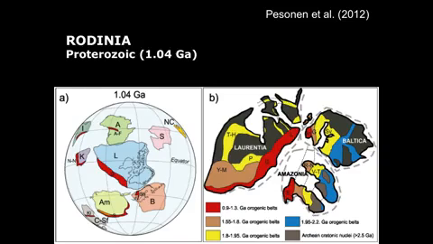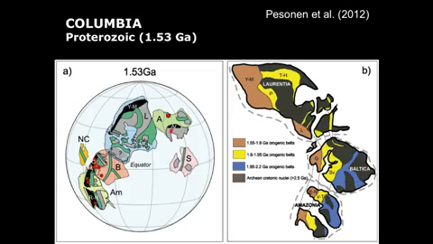Here's another view of Rodinia, and we can see how these different pieces have come together. And if you go back even further than Rodinia, back to 1.5 billion years ago, then there was another supercontinent that existed before that with a different arrangement of these continental fragments, these cratons, and that supercontinent was called Columbia.